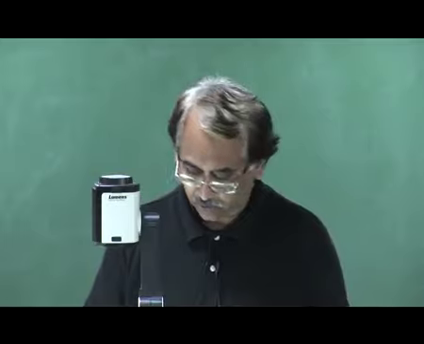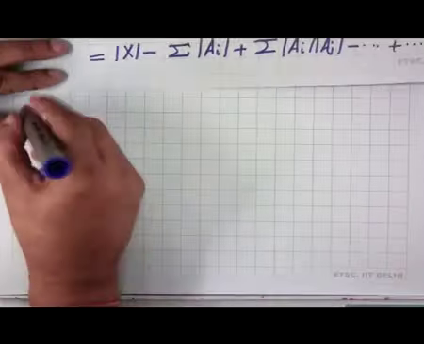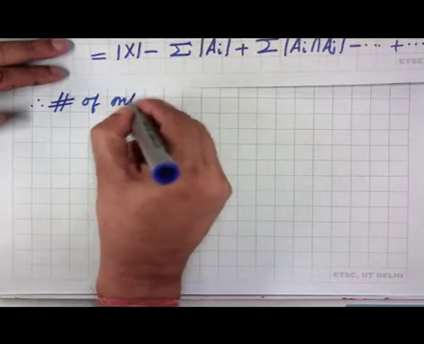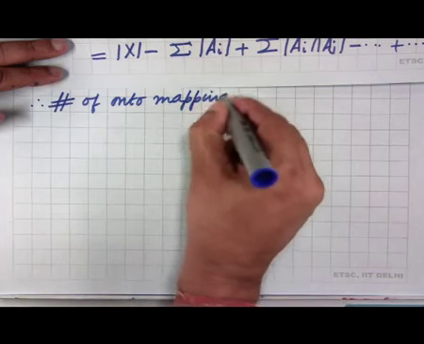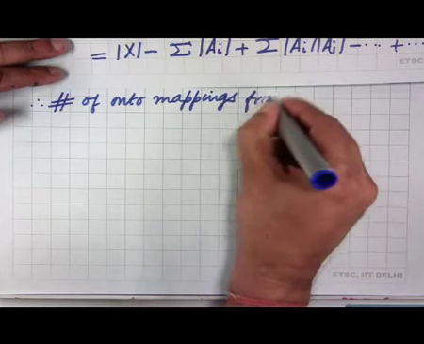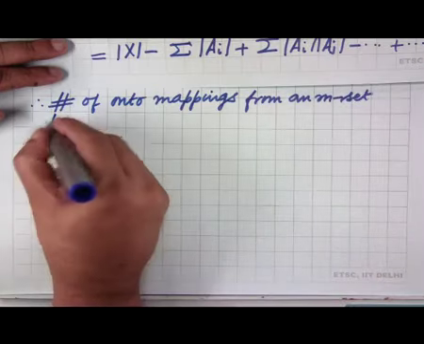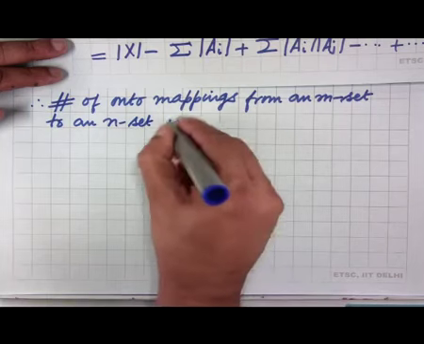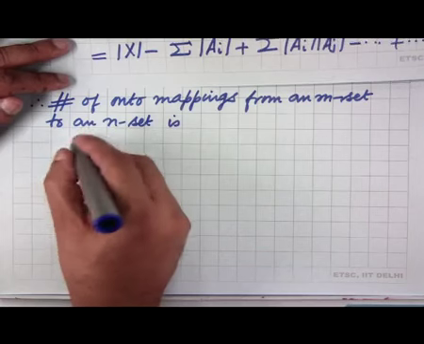Get a fresh sheet. I still have this general formula written there. I therefore get the number of onto mappings from an M set A to an N set B is, and I write the cardinality of X first.